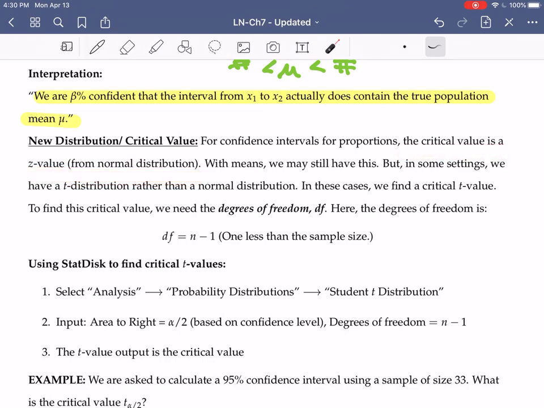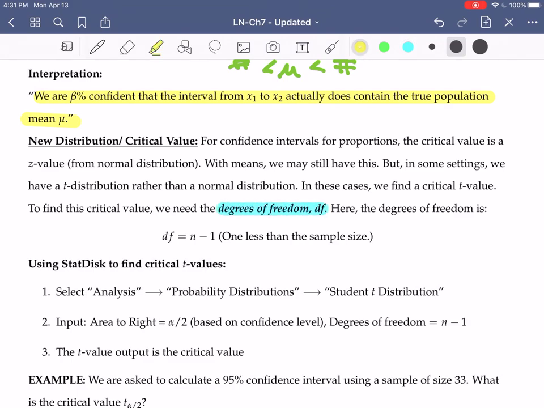There are times where we will still have this when constructing a confidence interval for a mean. But in other cases, we have a t-distribution instead of a normal distribution, and so we find a critical t-value. To do this, we need to get the degrees of freedom, df. So we're going to need to calculate our degrees of freedom.